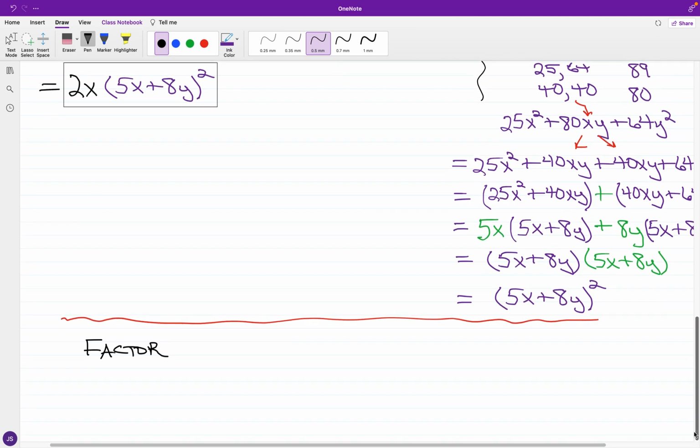We'll say that if you have an expression, let's say we have 12x squared minus 19x plus 4.